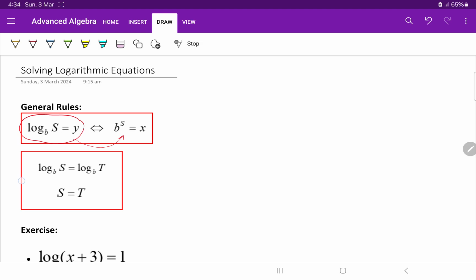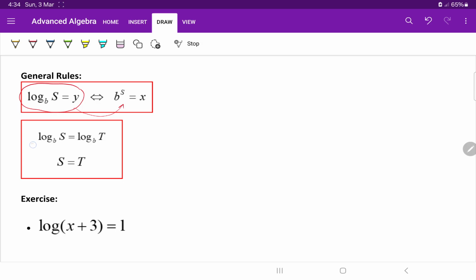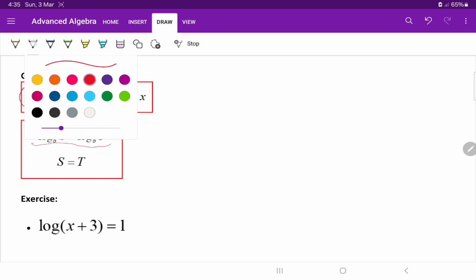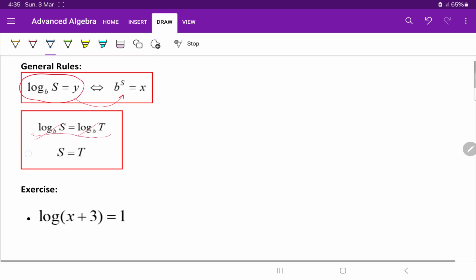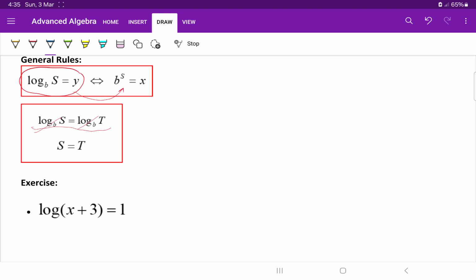And if we have a logarithmic equation wherein we have a log base b on the left side and a log base b on the right side of our equation, obviously we can drop down the logarithmic signs so that we can equate the two arguments. So let's try to apply these techniques or concepts in solving logarithmic equations.